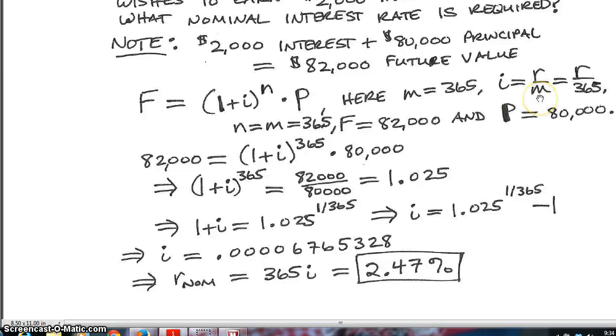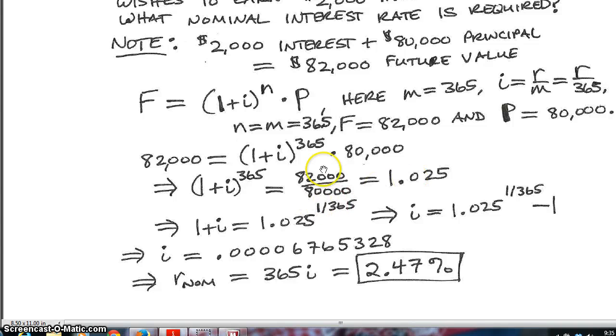And P, the present value, is 80,000. So 80,000 is growing to 82,000. Plug those in: 82,000 is (1 plus i) to the 365 power times 80,000, which means (1 plus i) to the 365 has to be 1.025.